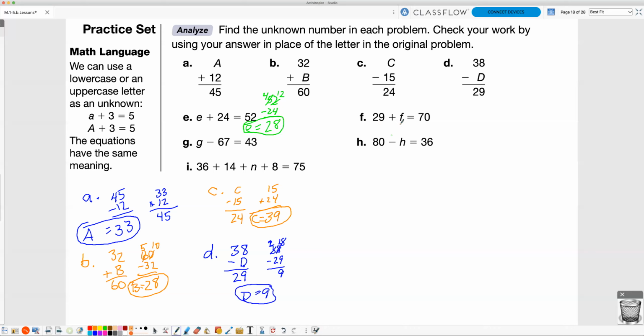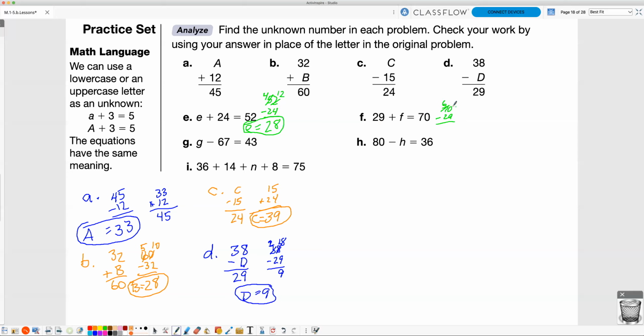All right, letter F. 29 plus F equals 70. Go ahead and answer that. So in this case, I'm going to have to take 70 and subtract the 29 to find out what's missing. So I'm going to borrow from this one.